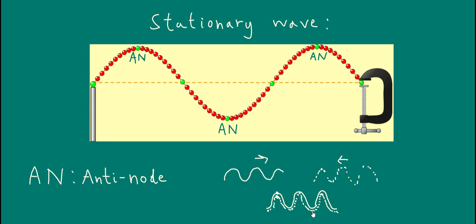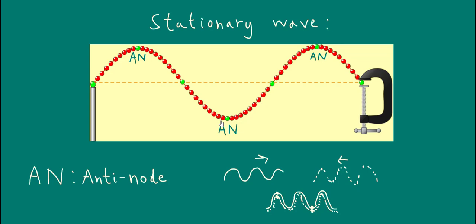Whereas here, we've got two troughs superposing, which gives rise to an even bigger trough, or a trough with twice the amplitude of one of the troughs. That might correspond to this antinode here. So basically, antinodes are explained by the two underlying waves superposing in phase with each other.